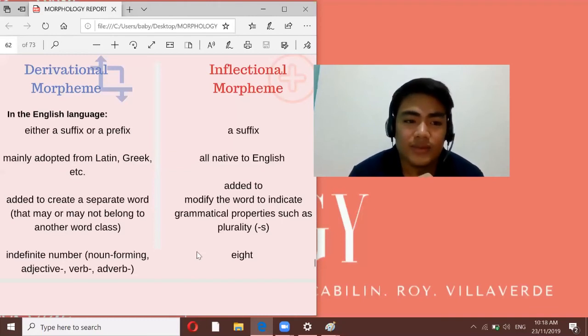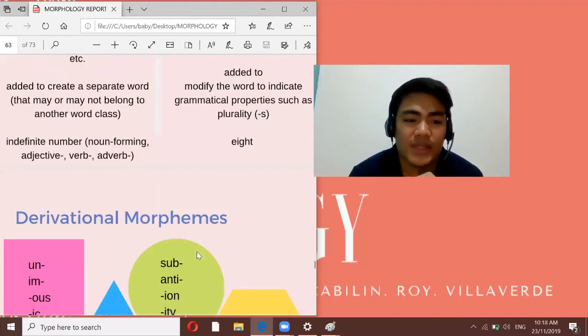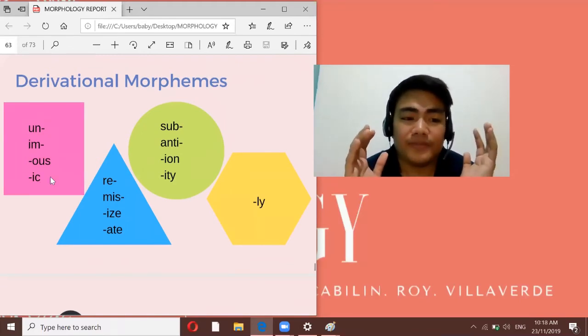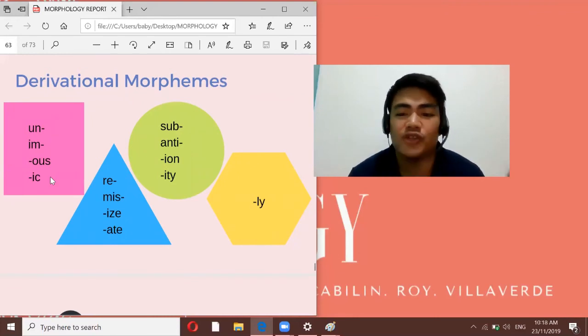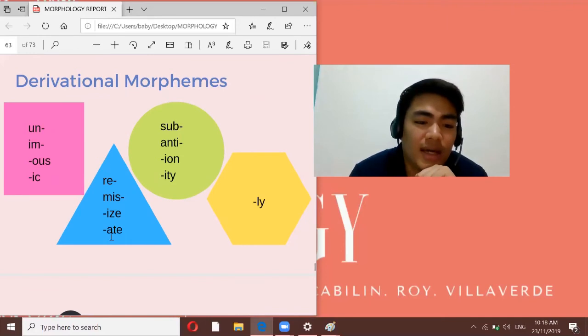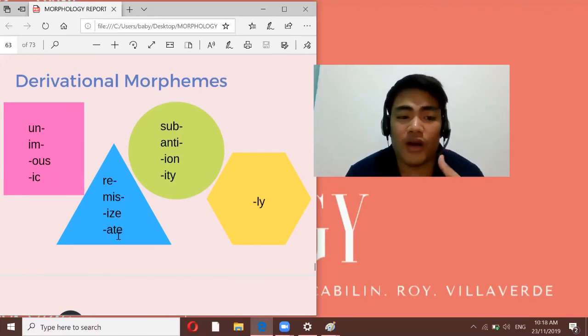All right, so let's look at some examples. Here are some examples of derivational morphemes. Those in the pink box are actually adjective forming morphemes. I'm sure you can add more to this. Those in the triangle are verb forming morphemes. Later, we will show you some examples.